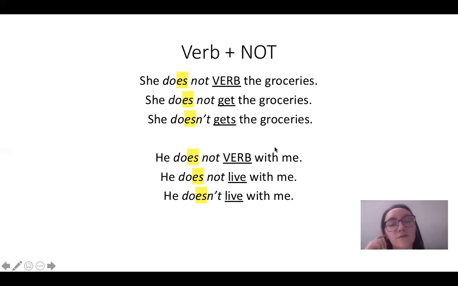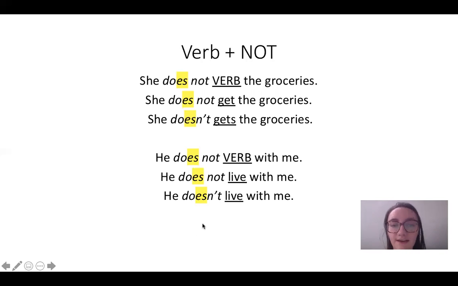That's the other one. So instead of saying do not, we say does not. It's spelled with an ES and it sounds like a Z. She does not get the groceries. She doesn't get the groceries. He does not live with me. He doesn't live with me.